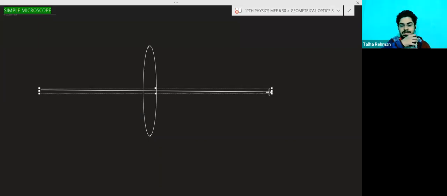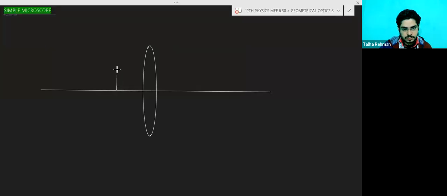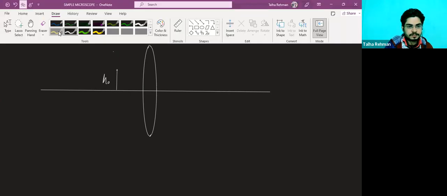This is a convex lens, and this is the principal axis, and I'm placing one object in front of the lens like this. This is the object in front of the lens, and HO is the height of the object. So how does the simple microscope work? For that we will draw the ray diagram.